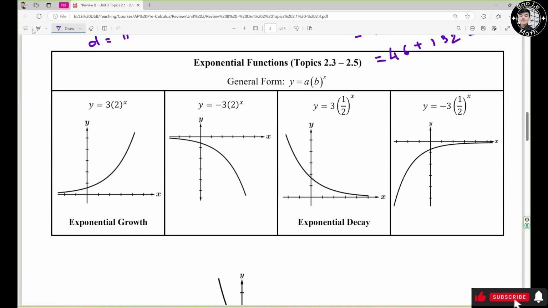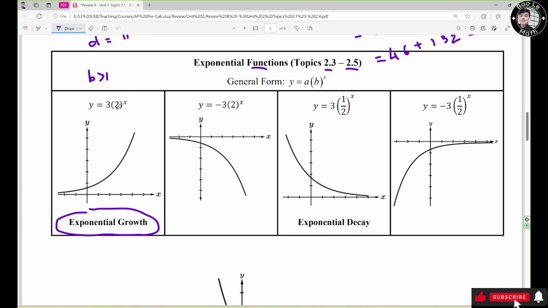Now let's move on to the next topic, exponential functions, topics 2.3 to 2.5. Now we have the general form of the exponential function. It could be y equals a times b raised to the x, right? If b is greater than 1, this is exponential growth.